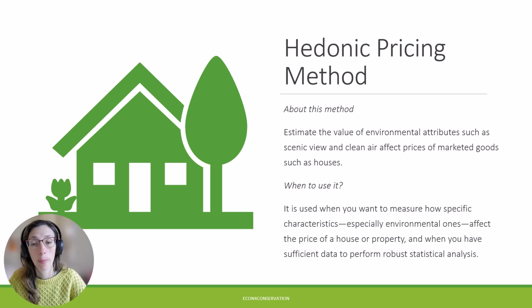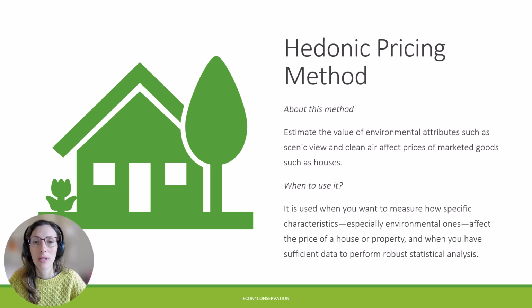About the hedonic pricing, this method is used to estimate the value of environmental attributes, such as scenic view and clean air, that might affect prices of market goods, like, for example, houses. It is a very used method and widely accepted.